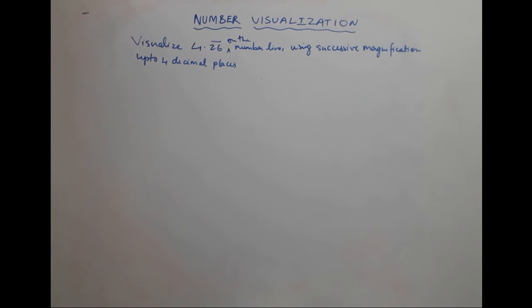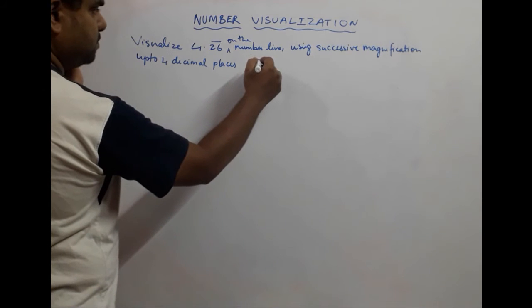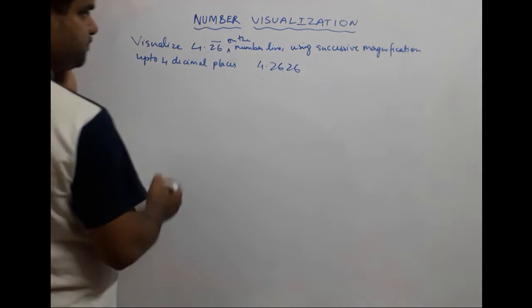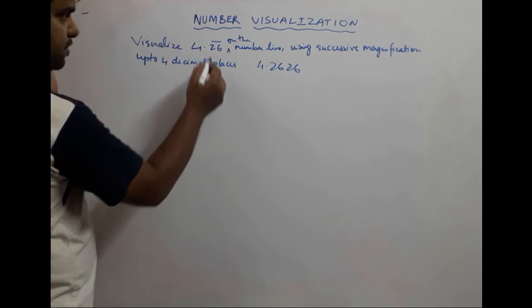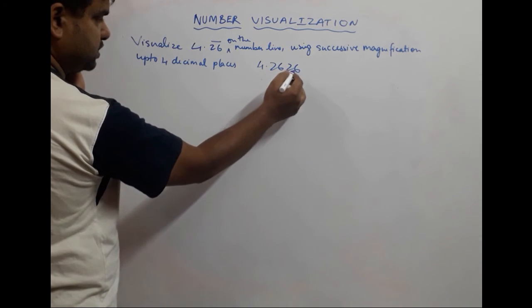At the start I told you we will be magnifying those with terminating sequences, but here we are told to magnify something that is recurring, but we are given an endpoint that is only up to 4 decimal places. Right now we have only 2 decimal places. So we need to find 4.2626. These digits are recurring. So if we write down those two, it comes to 2626.